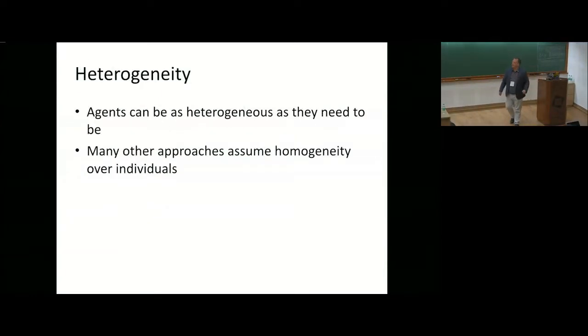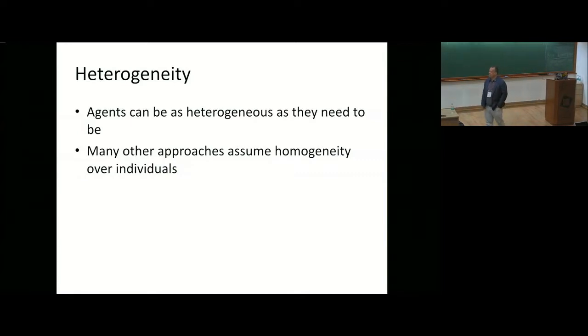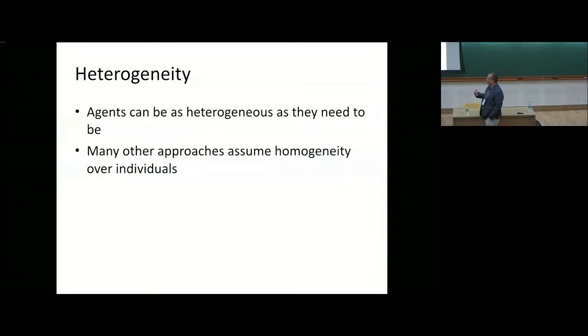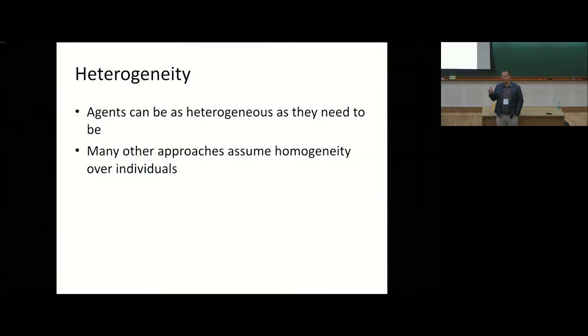Heterogeneity, right? In the agent-based modeling framework, agents can be as heterogeneous as they need to be. And there was another question that came up during the break: do all the agents have to have the same rules? No, they can be different, right?